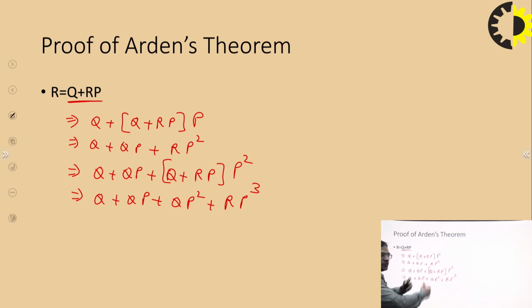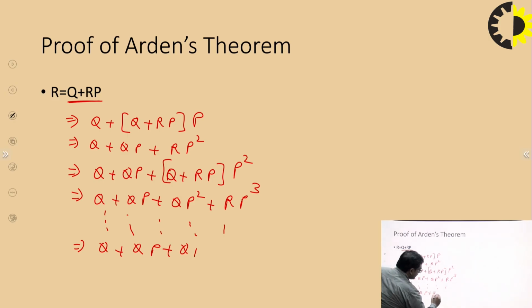If I put values one by one to infinity, after some time we get Q plus QP plus QP square plus QP cube and so on.